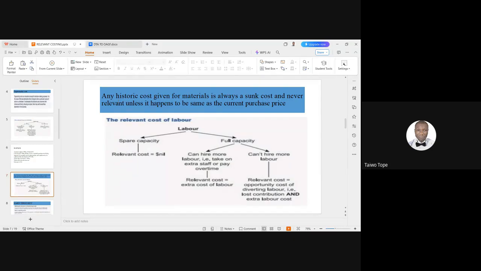When you have people working in your organization permanently and you are paying them, the cost regarding those permanent workers is not relevant. The cost is not relevant because it's a fixed cost.